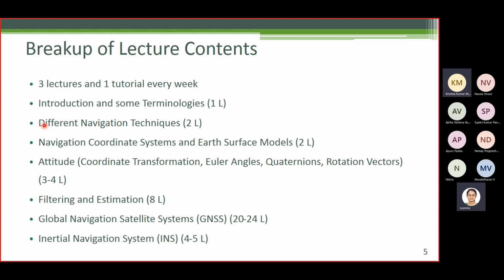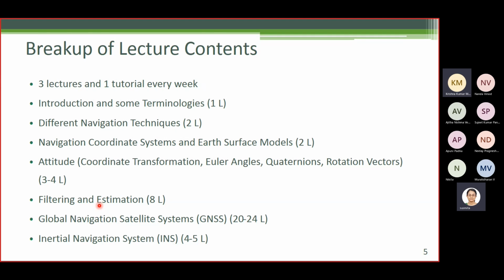Now, after all this, we are going to move to a different topic, which is filtering and estimation. See, in navigation, we are interested in determining something based on some measurements, right? So whenever we make some measurements, automatically some errors will get added to the measurements. So we cannot have true measurements, basically.